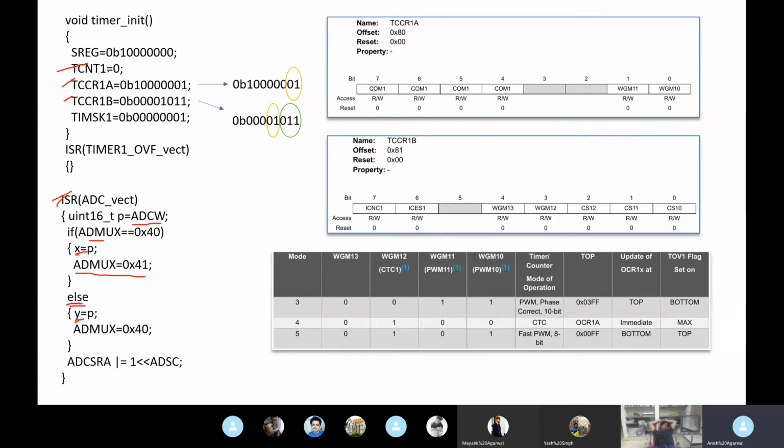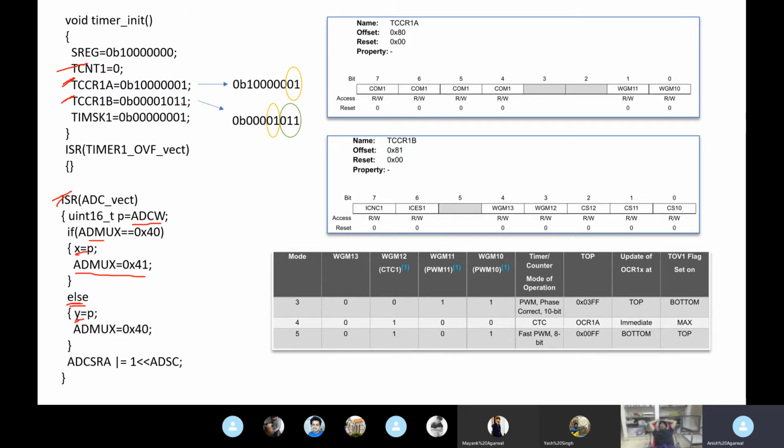It can be inverting mode, non-inverting mode. It can be in many modes. So the combination of these two registers, TCCR1A and TCCR1B, determines what kind of output we will be getting.